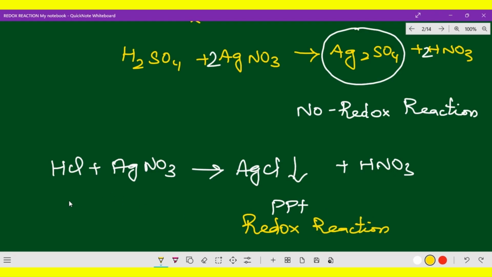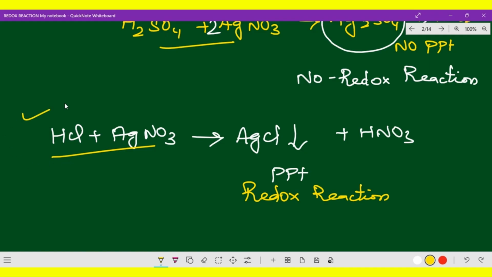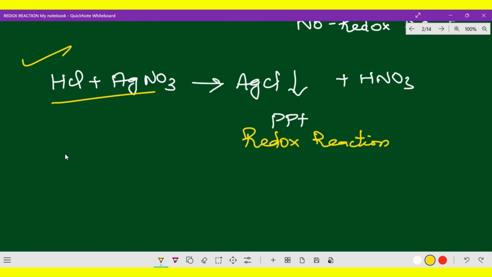So a redox reaction occurs in this mixture, in this reaction, whereas there is no redox reaction here and no precipitate. This is the basic idea for dealing further with this question. Now only this one we have to identify: HCl and AgNO3 give AgCl plus HNO3.